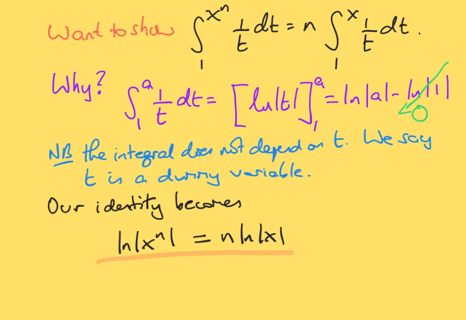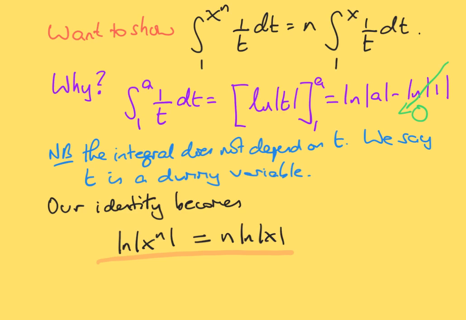So what we're seeing here is this identity tells us that the logarithm of a is the integral from 1 to a of 1 over t with respect to t. And this is a way that you can define the natural logarithm in terms of an integral.